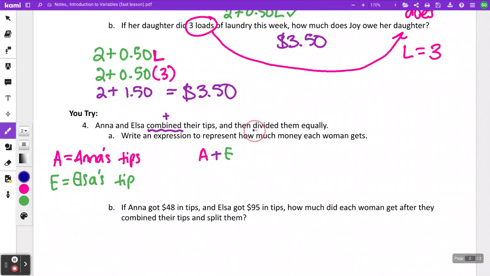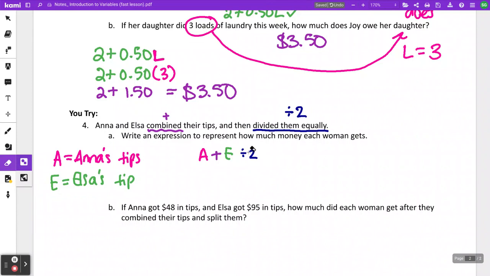So this dividing them equally part means we're dividing by 2. Now you can show that by writing it like I did, putting a dividing by 2 here, or you can write it as a fraction. If you are writing it as a fraction, what are we dividing by 2? Well, if I just do this, that means I'm dividing Elsa's tips by 2, but that's not what it says.